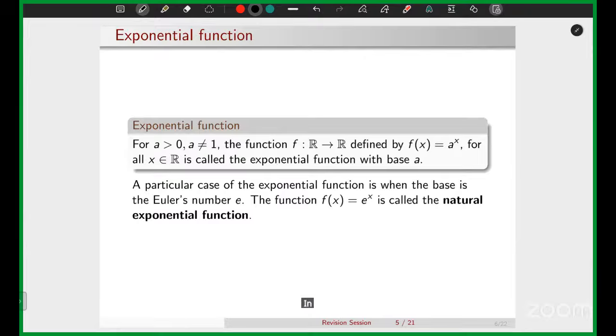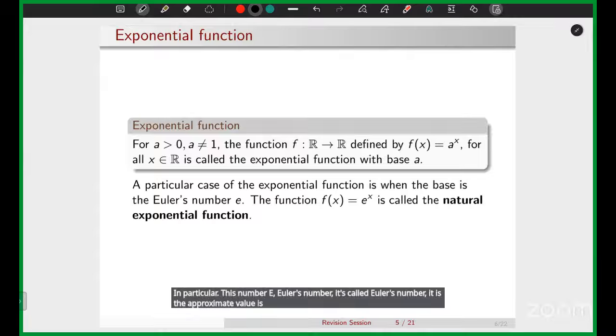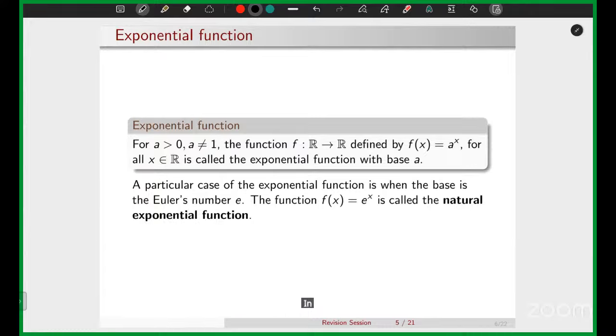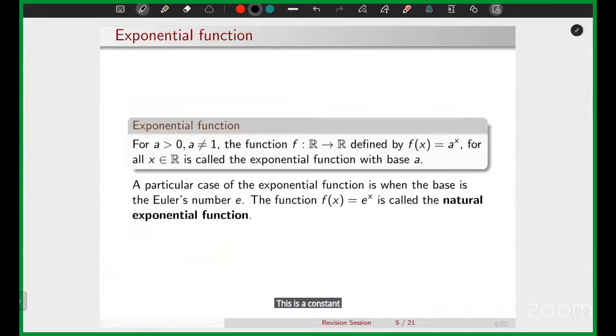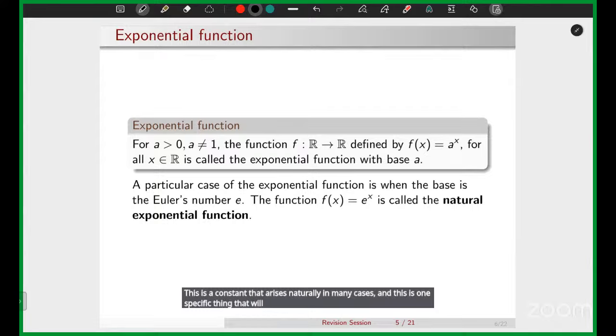In particular, this number e, Euler's number, its approximate value is somewhere around 2.72. When you take the exponential function with respect to that base, it is called the natural exponential function. This is a constant that arises naturally in many cases, and this is one specific thing that you will just take note of.